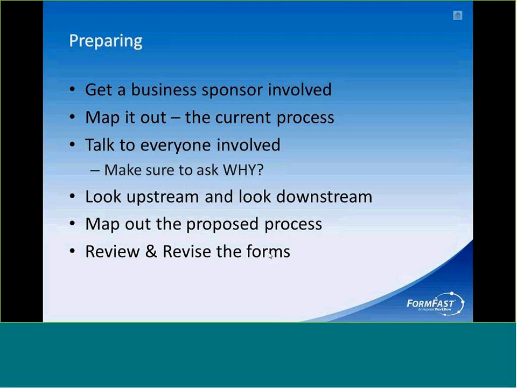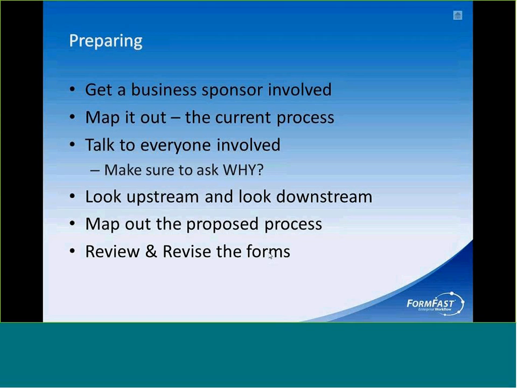Start with the current process, what you're currently doing, even if it's focused around the use of a form, or maybe a process that's just out there and not really well controlled. Start thinking about how you might collect data and how you might move through the process in a workflow. Map the process on paper, figure it out there, and talk to everybody involved.